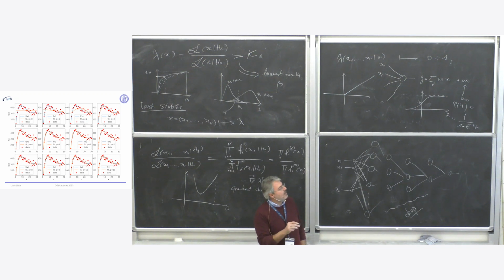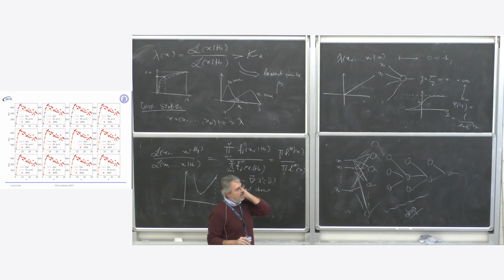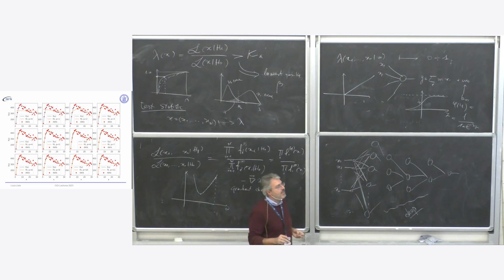So this is called underfitting, and this is called overfitting. Or if you prefer, this is undertraining, and this is called overtraining. Eventually, if I add a sufficiently large number of parameters, I may have a polynomial that passes by all the possible points. So I have basically a spline.